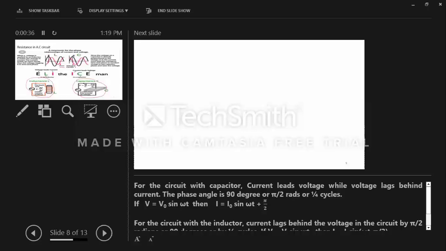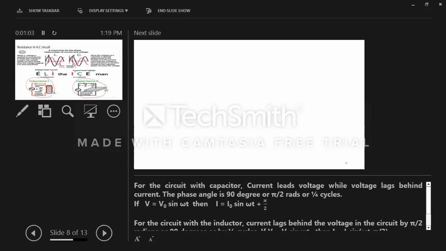The phase angle is 90 degrees, or pi over 2 radians, or 1 over 4 cycles. So one could say in a capacitive circuit that current leads voltage by 90 degrees, or by pi over 2, or by a quarter cycle.